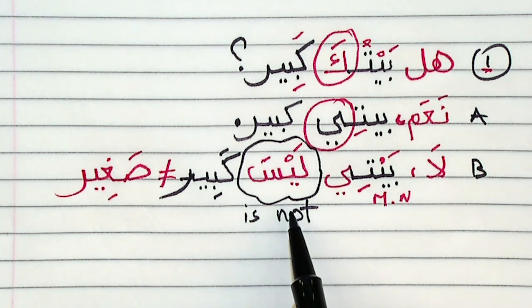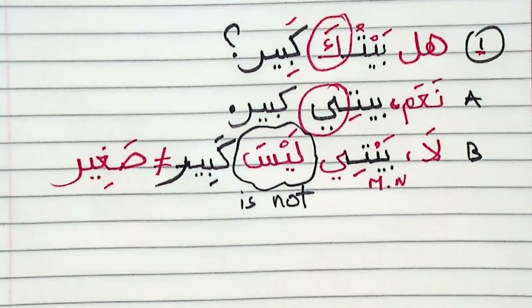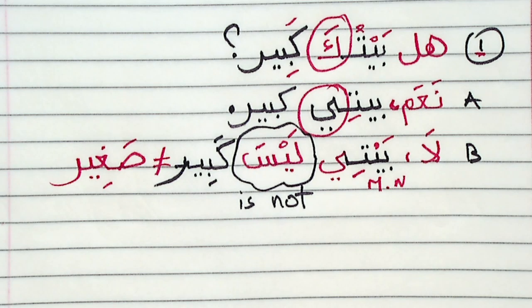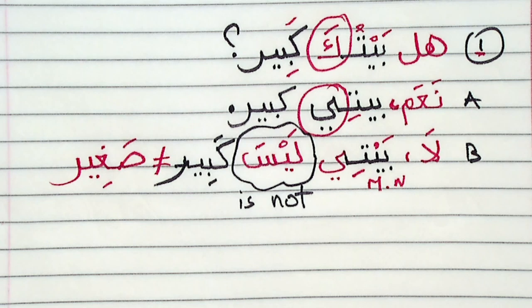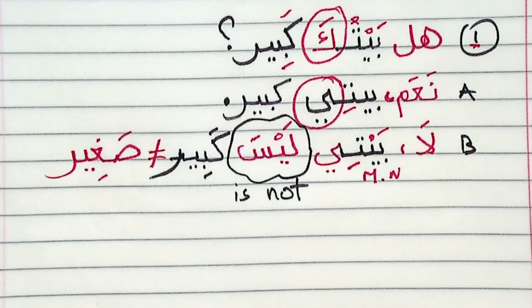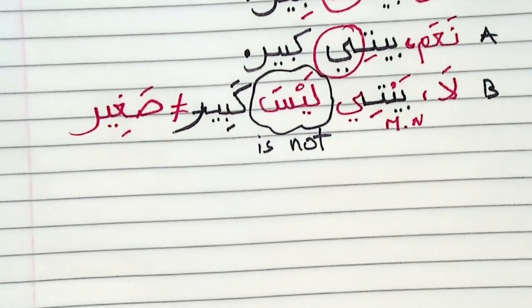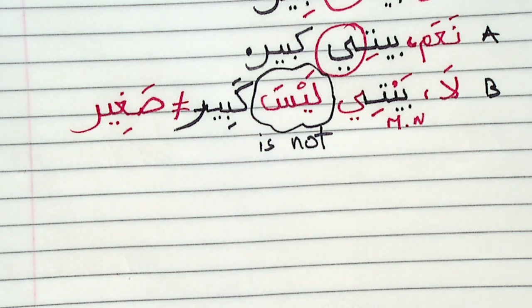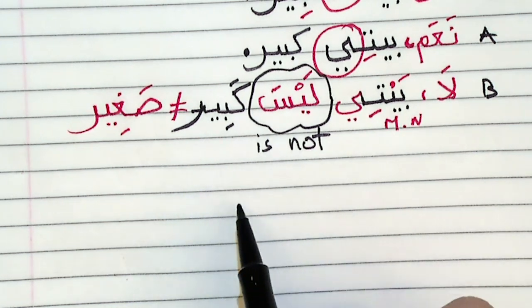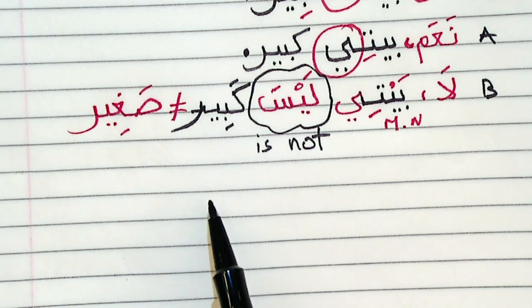But how come the negation in Arabic gets conjugated? It's quite interesting because when you are saying he's not, I'm not, you're not, it takes a different conjugation. Not like in English, where you would just say not. But in Arabic, it takes the speaker's indication.